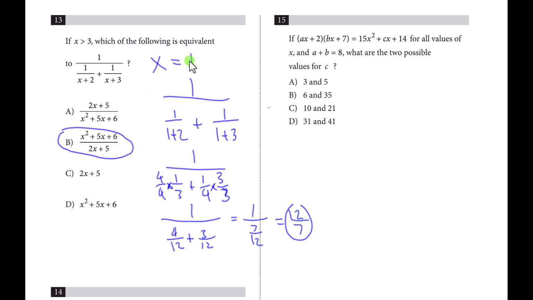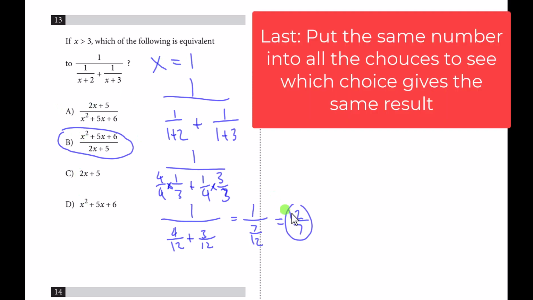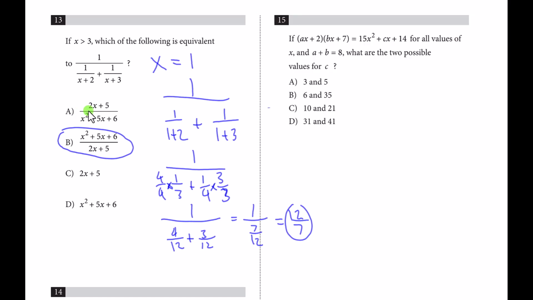What you need to do now is check every answer choice to see what is going to give you 12 over 7 if you plug in x of 1. So, for example, choice A. Okay, if we're going to take choice A and plug in 1, you can get 2 plus 5 all over 1 squared, which is 1, plus 5 plus 6, which is equal to 7 over 12.